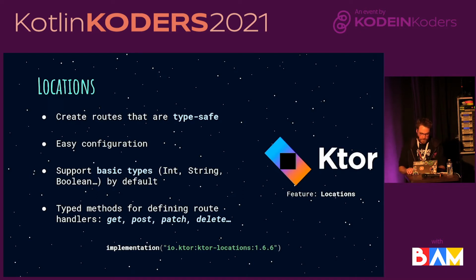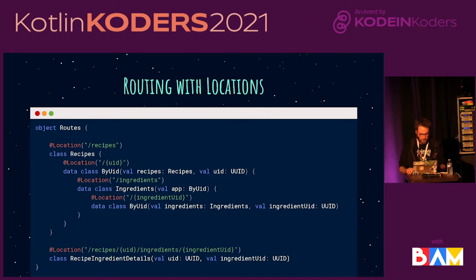Okay, so what does it look like? I'm going to define the routes in my API, and I can do it in two different ways. One way is to have data classes in data classes to have some granularity for the route. For example, /recipes will have a UID to call a specific recipe, and I might also want to get the ingredients of the recipes.